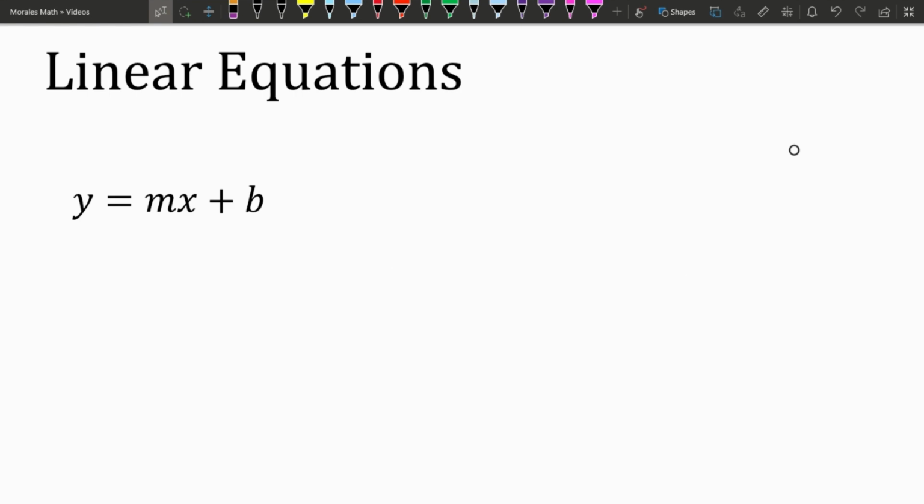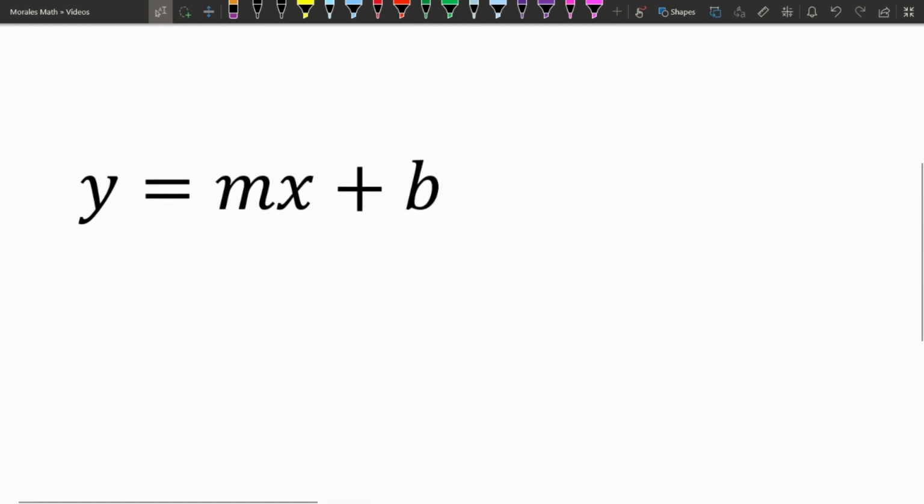Okay, so we're going to be getting into linear equations. What is a linear equation? Well, it's y equals mx plus b. And the different parts of y equals mx plus b, I'm going to write it down right here. Y is considered the output. M is considered the slope.